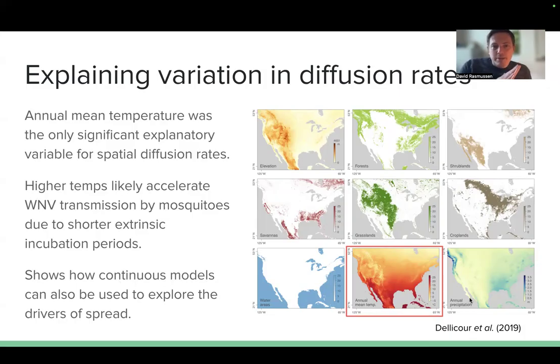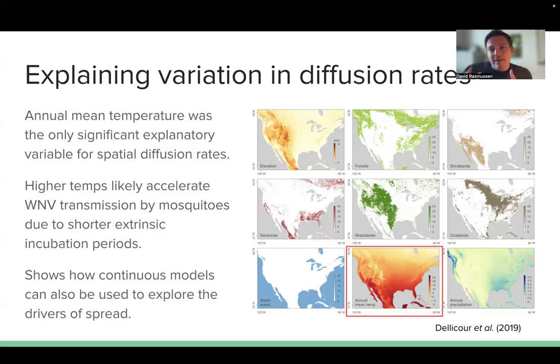And what they were able to do is convert all these spatial variables into a raster file, and then use this raster file to predict what would be the effective distance between two different locations, much the same way as Trovão and all did in the rice yellow mottle virus instance, where they wanted to infer whether each one of these variables had a facilitative property and allowed the pathogen to diffuse at a higher rate.